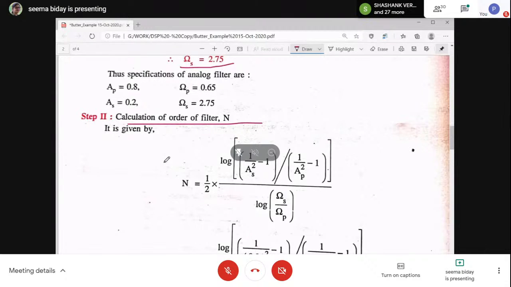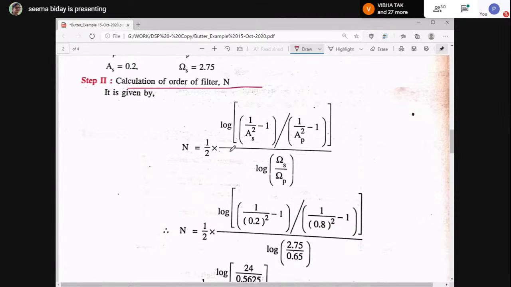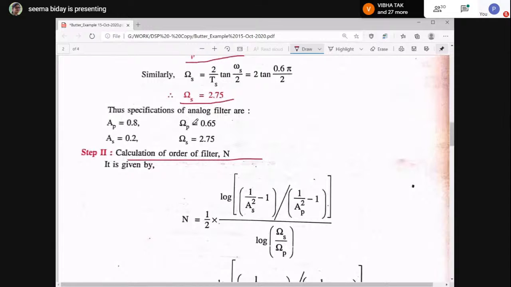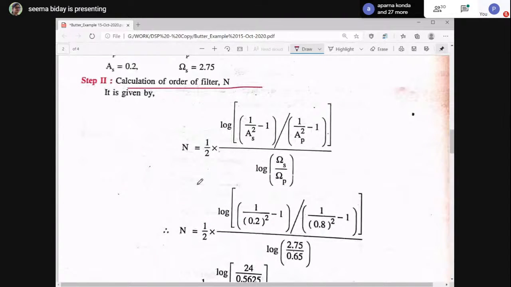Sometimes there is a question for 5 marks. You are given the specifications and asked to calculate the order of the filter n. So in that case, you should know the formula. This formula is used because the gain is given directly. It is not in dB. If it is given in decibel, the formula changes. Or you may convert it.